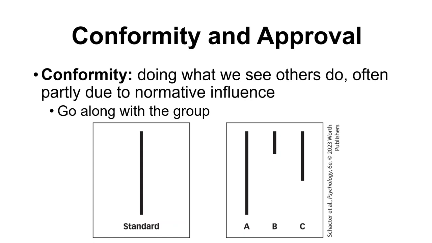But if we make you go last and you get to watch 4 or 5 or more other people all say that it's really close to line C, even though it is clearly not the same as line C, people are more likely to end up matching what the rest of the group has said. You sit there and go, I must be missing something. I must be seeing this wrong. You can't have 9 other people saying that this is the right answer. I can't be the only one seeing this, so I'm going to go with the group.